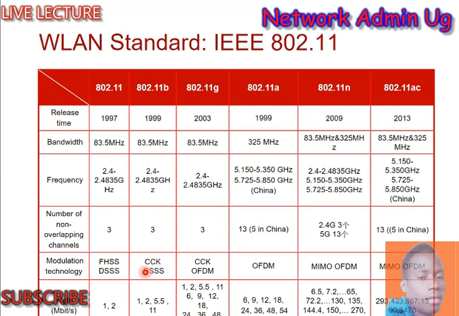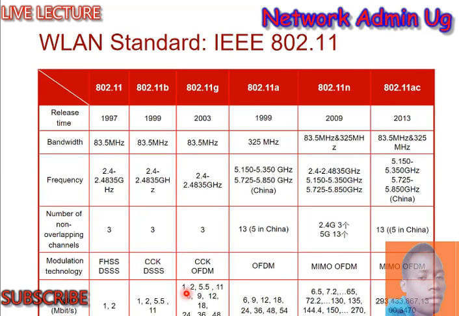We shall look at these in detail later on, as we explore all the information about the modulations. So to make G compatible with B, it must have a similar technology, and that is CCK. It also uses OFDM technology, orthogonal frequency division multiplexing, in order to do good modulation.